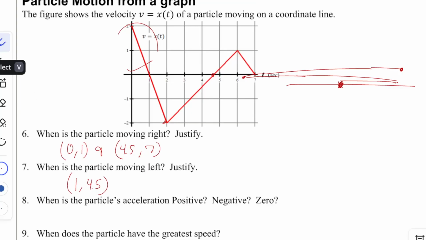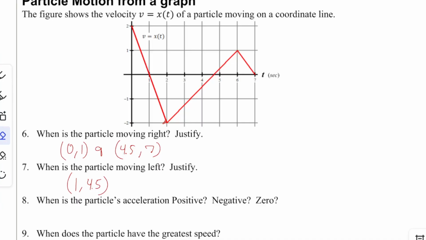The acceleration is the slope of the velocity, just like the velocity is the slope of the position. So this is a negative acceleration, positive acceleration, negative acceleration. So 2 to 6. It's positive.